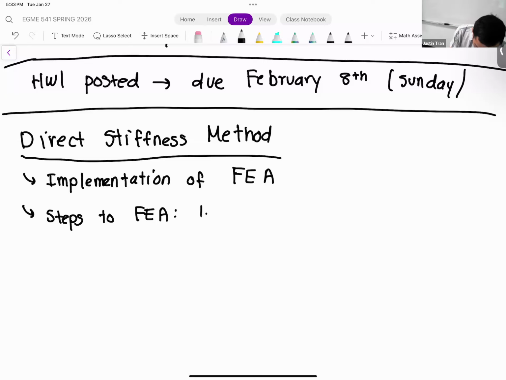So the first step to a general FEA is to compute the element stiffness matrices for every element.